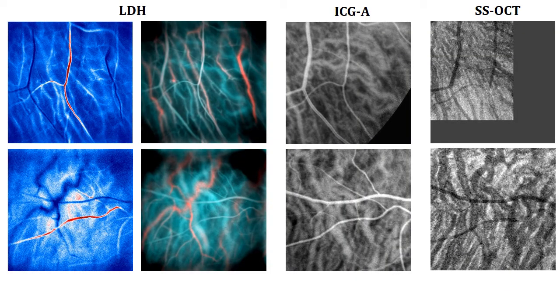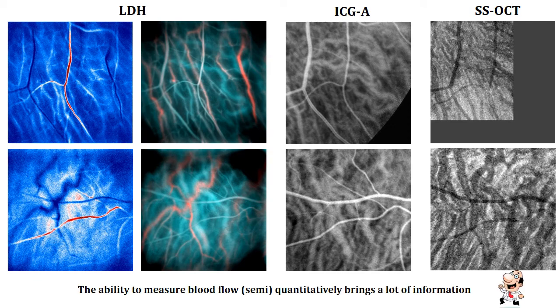And it's very advantageous for laser Doppler holography compared to ICG or swept source OCT thanks to this functional contrast, as you don't make any sort of discrimination of flow with swept source OCT, and with ICG you just have this arteriovenous differentiation, but it's quite hard to realize.